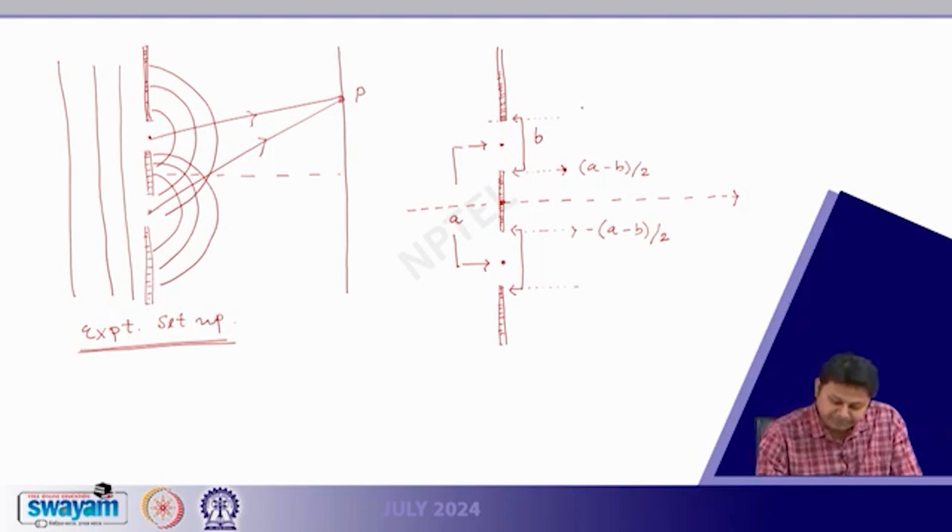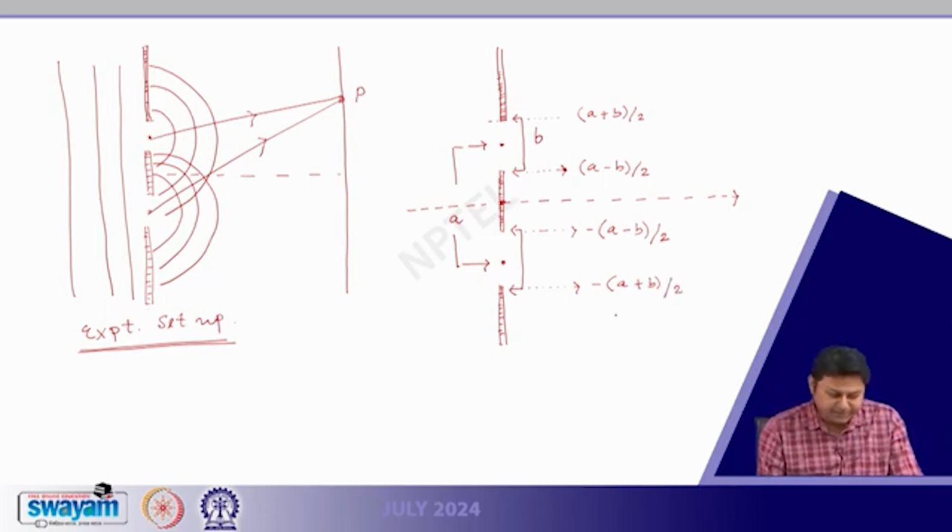So, it is simply (A plus B) divided by 2. This is symmetric, so the coordinate of this point will be minus (A plus B) divided by 2. So, all the points I define.